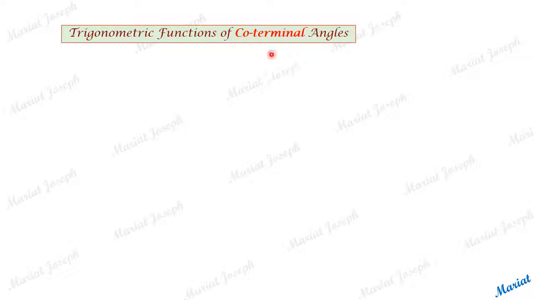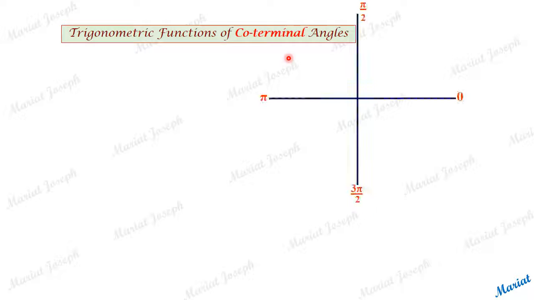Trigonometric functions of coterminal angles. Let me draw an angle in standard position, angle theta, having the terminal side in the first quadrant. It's an acute angle. Now, a point P(x, y) is taken on the terminal side.